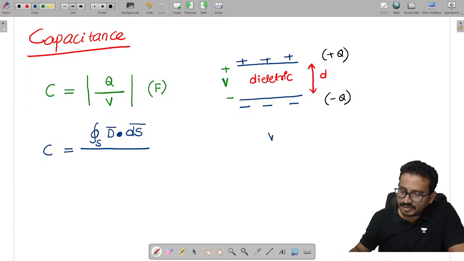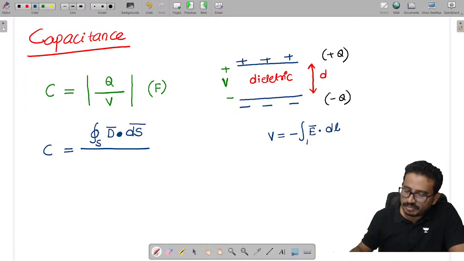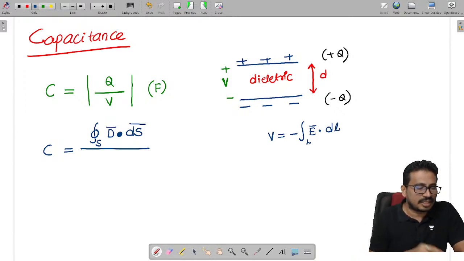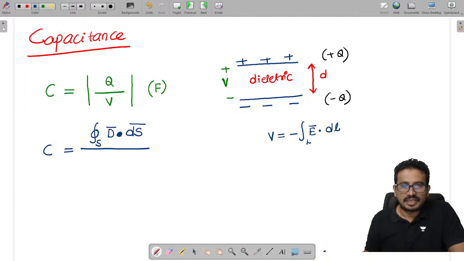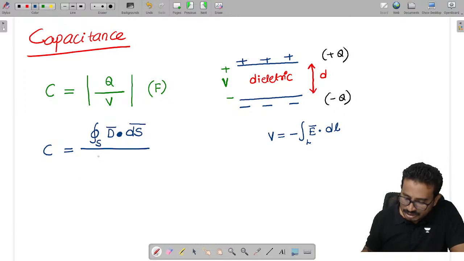What is the relationship between the electric field and potential? V is equal to minus integration of E dot dl. Here what type of integration is it? A line integral. Since we have taken the mod, there is no minus sign. I can say line integration of E dot dl.